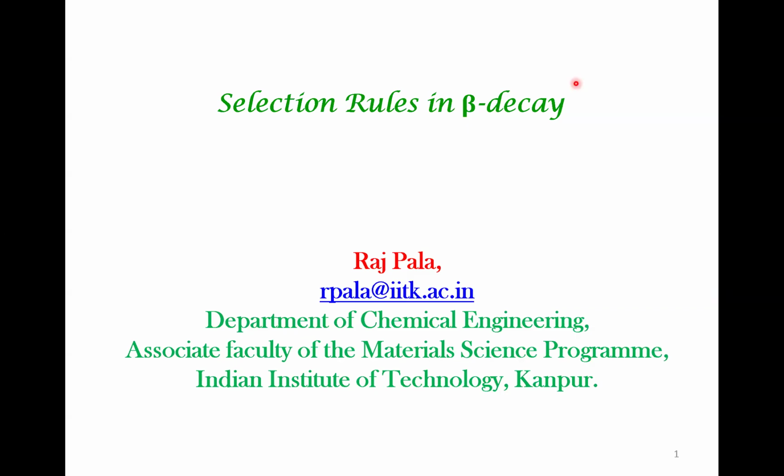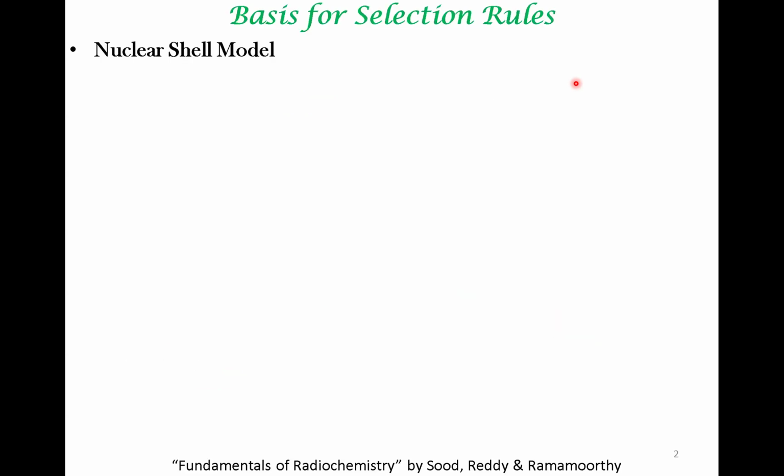Welcome back. In this final lecture on beta decay, we will look at how selection rules are utilized in the context of beta decay. To understand much of spectroscopy or much of these selection rules, the nuclear shell model is very useful.